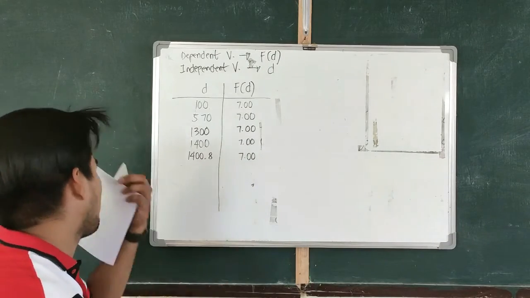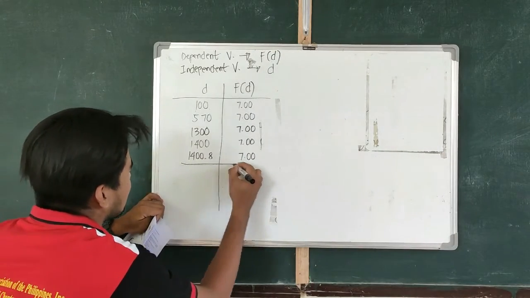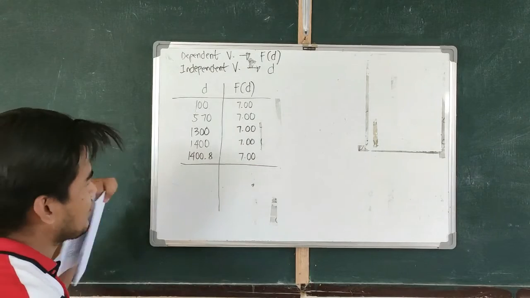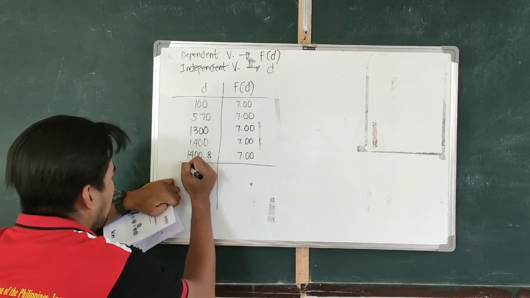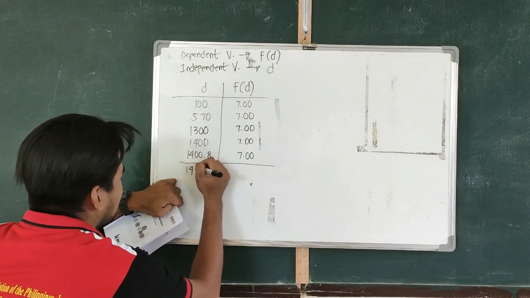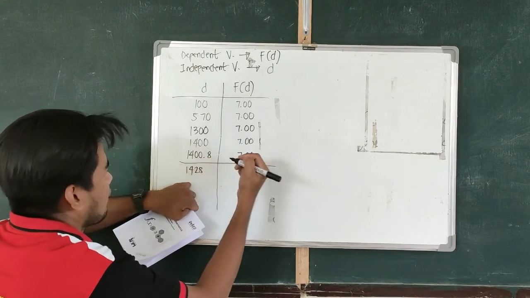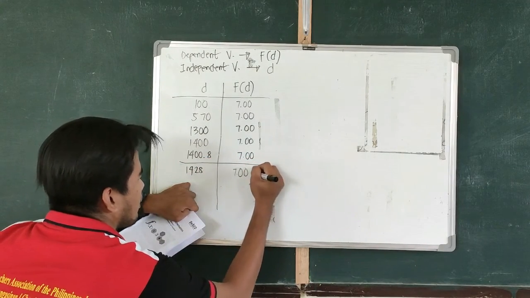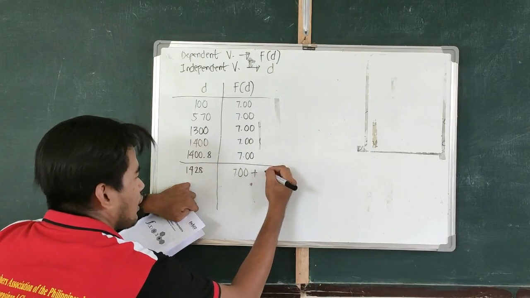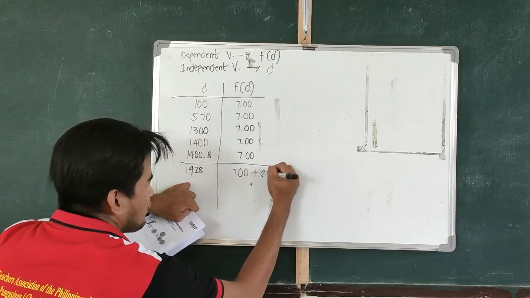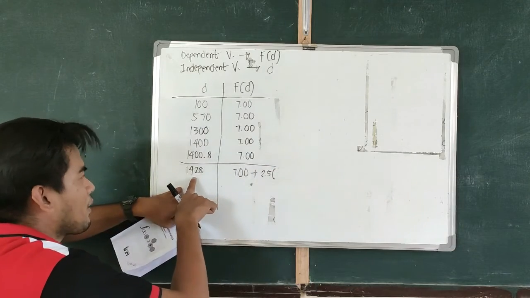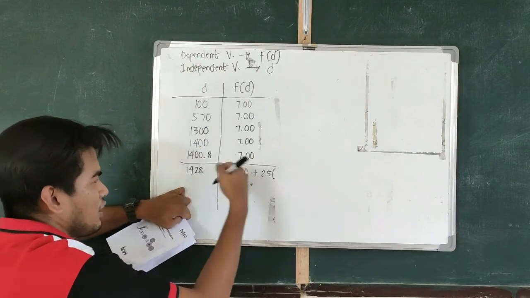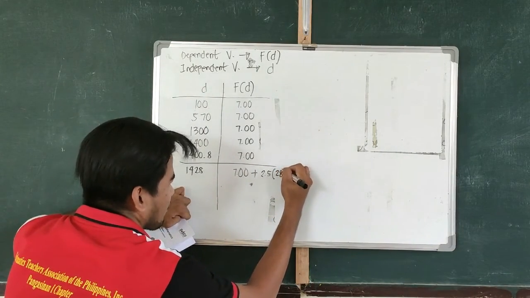Kaintindihan? So, kapag lumagpas na siya kay 1,400, say for example, this is 1,428, automatic na 7 pesos plus i-multiply natin sa 250 yung sumobra kay 1,400, which is 28.